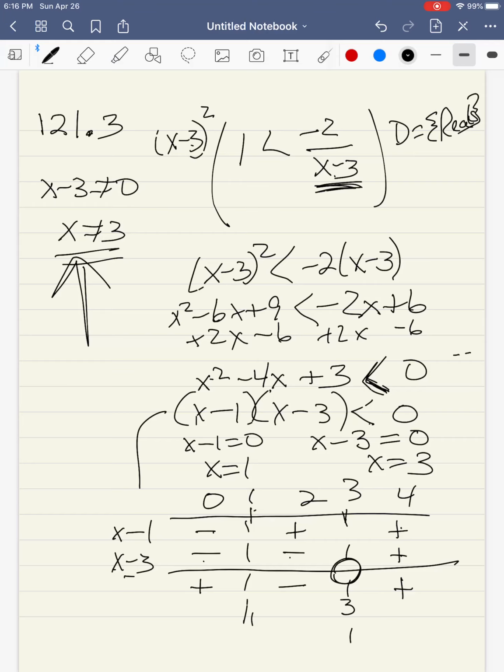It says less than, so less than 0, so do I include this 1? No, I don't include the 1. I put an open dot there as well because the domain is reals. And the only region that's negative is this one right here, so we draw the line and connect those two dots. So both of the dots are open on that one.